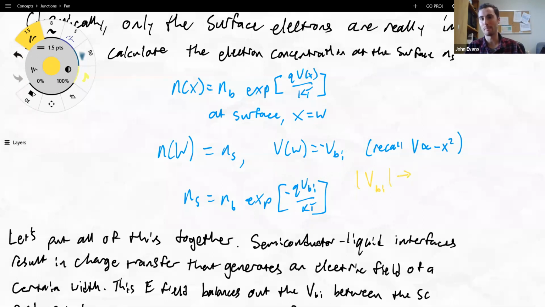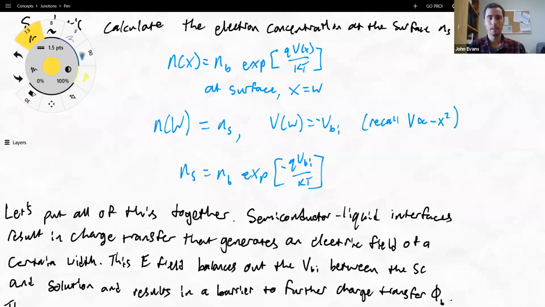This is where we get this maximum, absolute value, but the voltage actually is inverted. So if we plug this into our expression, we get that the concentration of electrons at the surface is equal to the concentration of the electrons in the bulk multiplied by the exponential of negative electric potential energy, which is Q V sub BI, which recall is going to be our V max. So our maximum potential energy difference divided by kT.